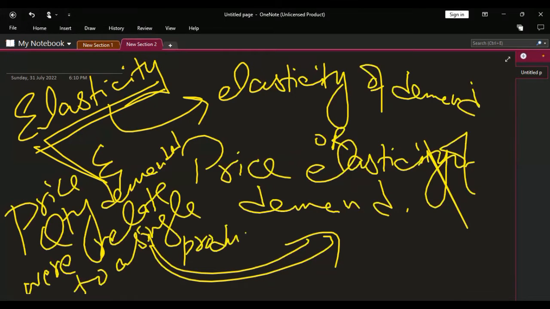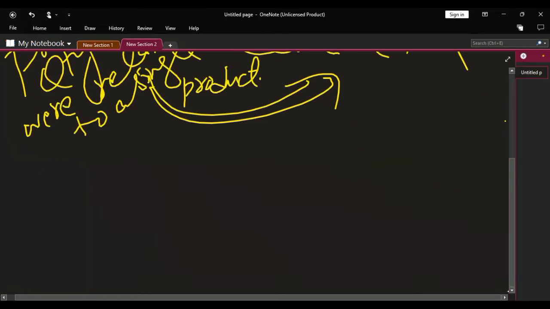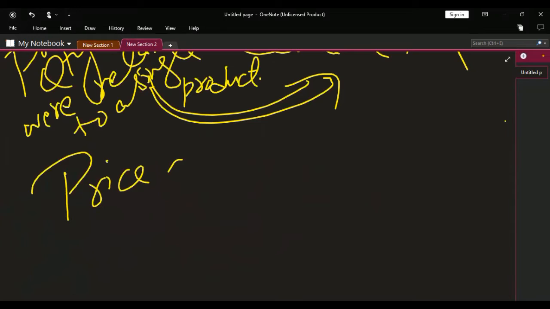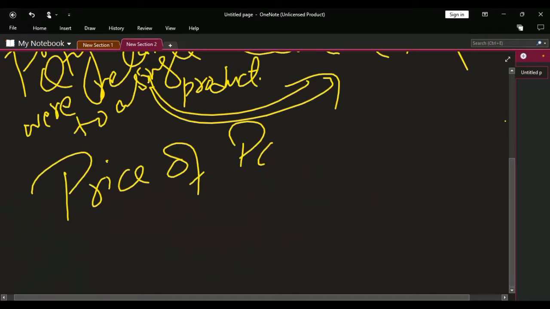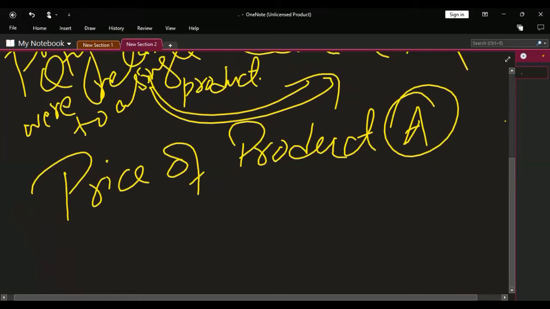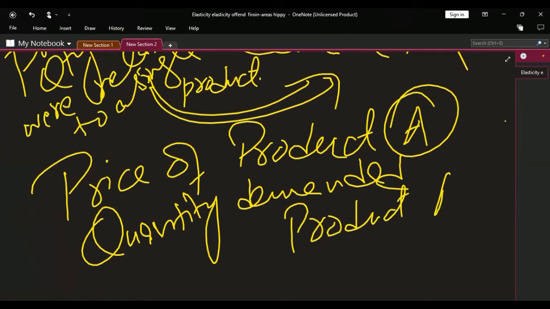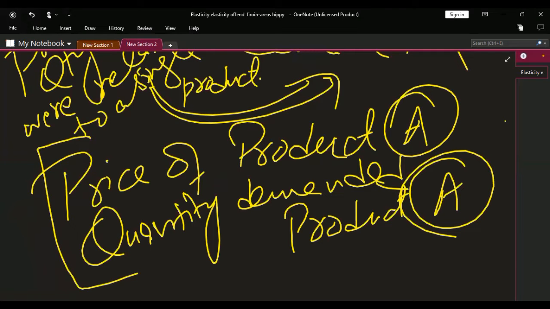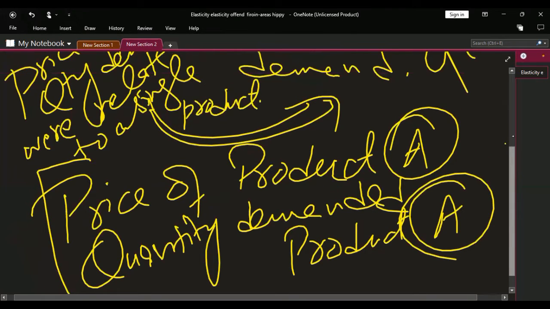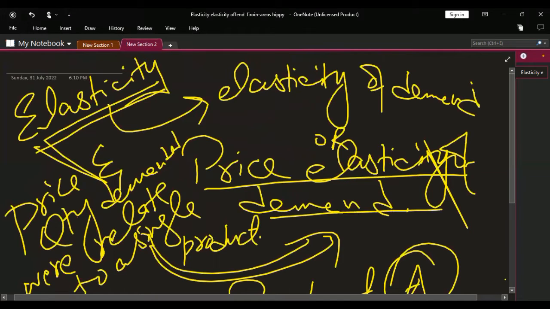Means if we are studying regarding the price of product A, then quantity demanded is also studied for product A. Therefore, the product under consideration will always remain same in price elasticity of demand, or simply you say that elasticity of demand.